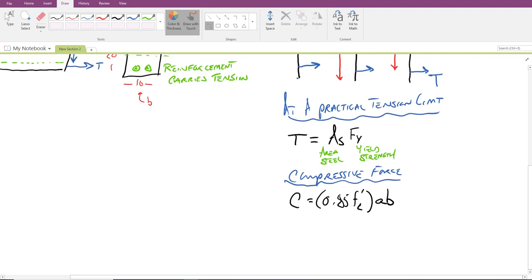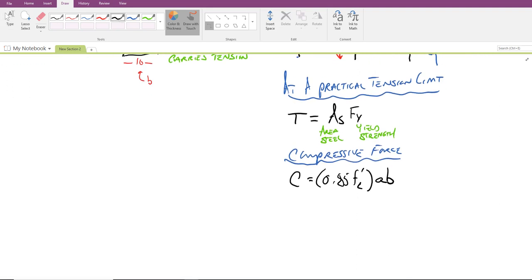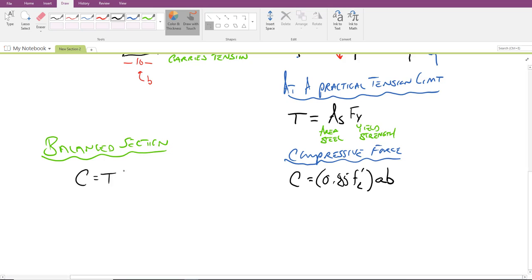All right, here's the crux of the theory right here. If we were to balance this, we want to keep everything in equilibrium at the practical stress limits. We would know that the tension and compression would have to be equal to each other. We could set those equal to each other.